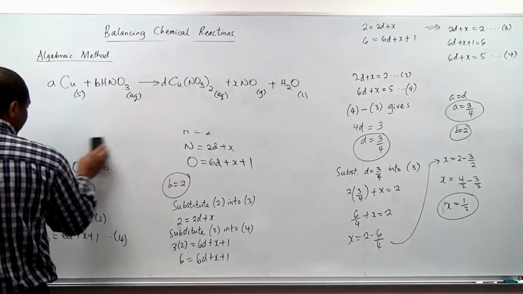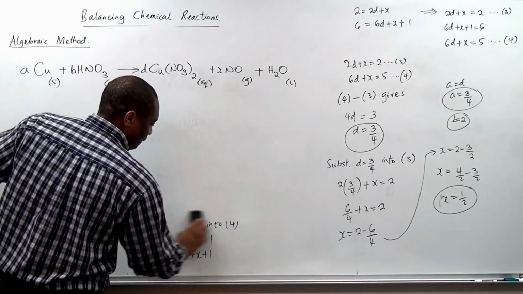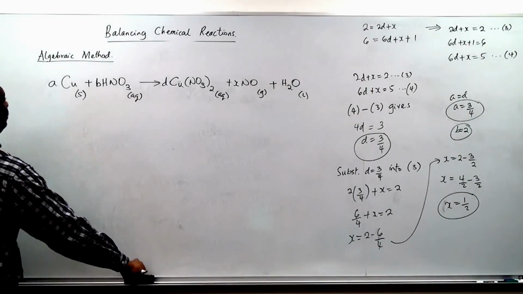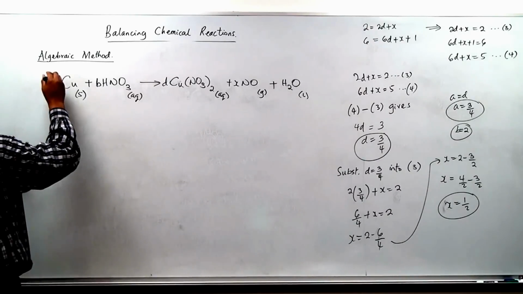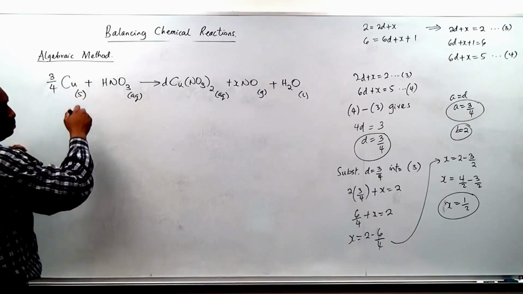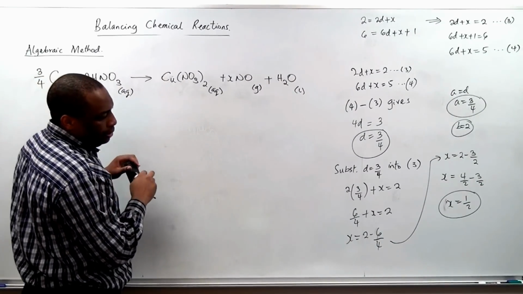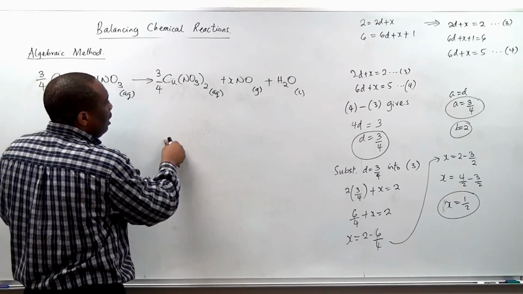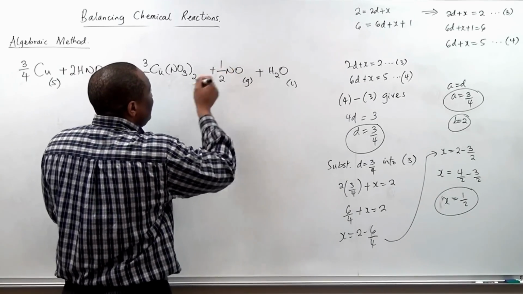So we can go ahead and plug it in and check. So if we actually plug this in, our A will be 3 over 4. Our B will be 2. Our D will be 3 over 4. Our X will be 1 over 2.